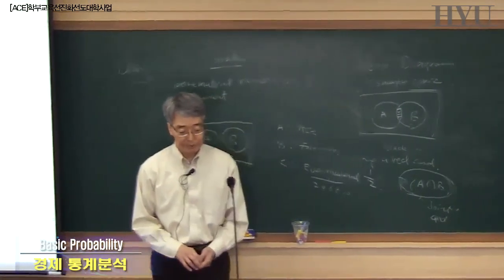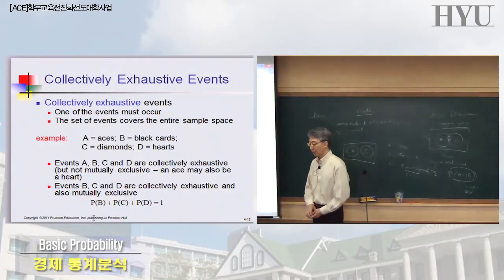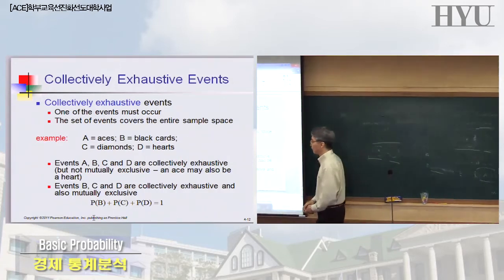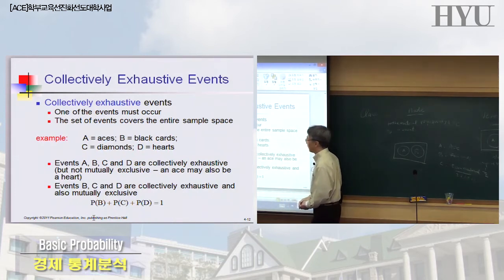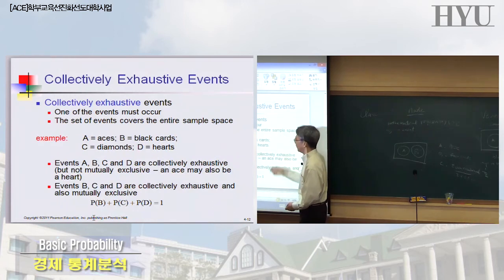Collectively exhaustive is slightly more confusing for some of you. Collectively exhaustive means one of these events must occur.